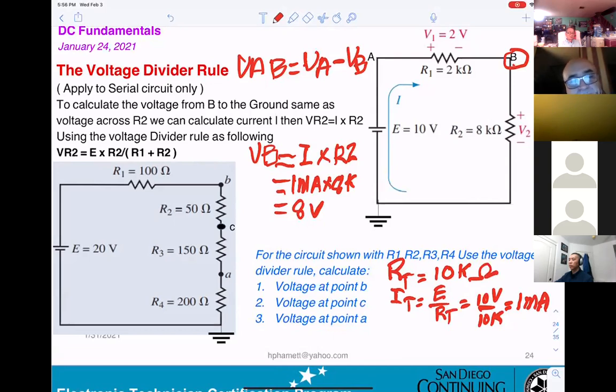So, I bring it up here to make sure you understand it. You want to calculate the voltage at the point B. You need to know what is the current I. You have to calculate the current I. You have to calculate the total resistance. Okay? After you get the current, you multiply by R2. That means you get a VB.